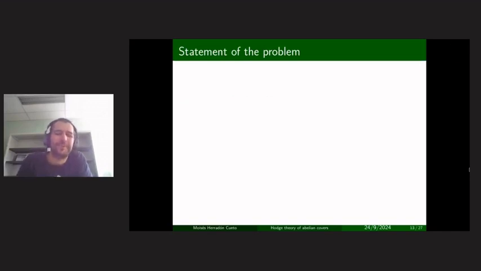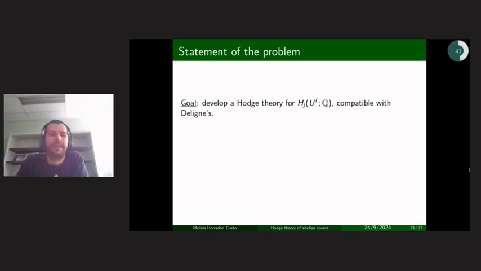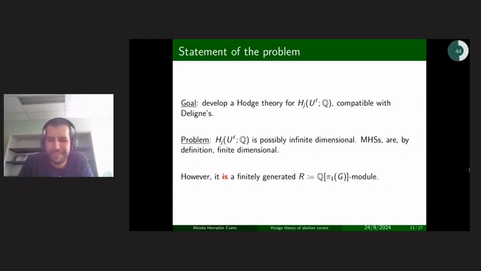Thanks. So now that I have the definitions, this is the problem I want to talk about. Take the Alexander modules and put a Hodge structure on them. So this is obviously impossible for a silly reason: mixed Hodge structures are by definition finite dimensional, and these are infinite dimensional.